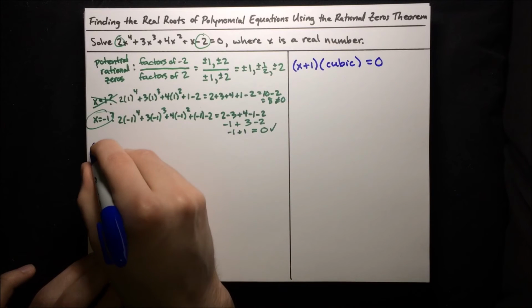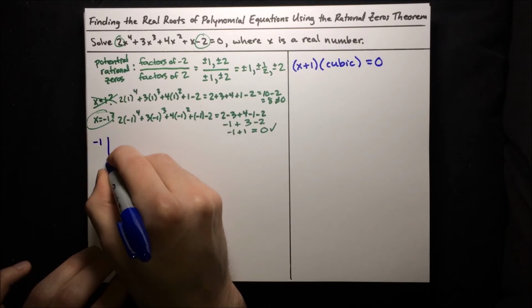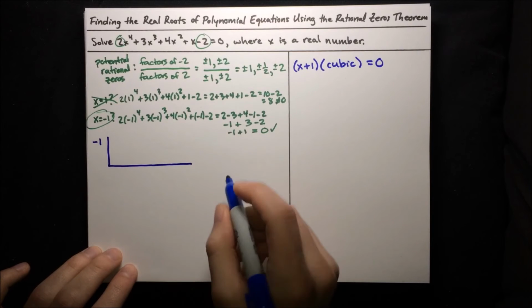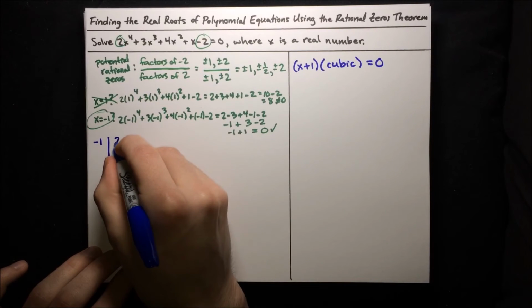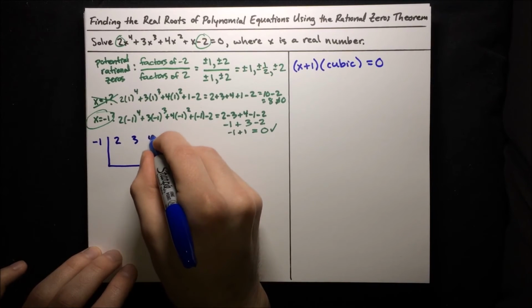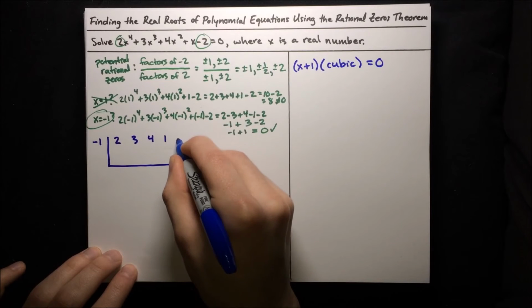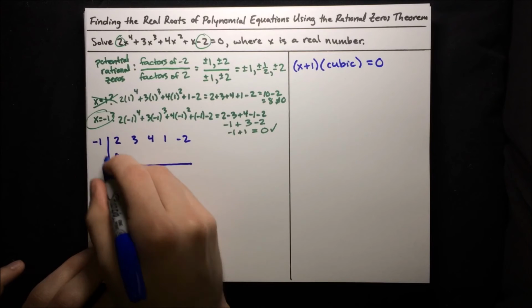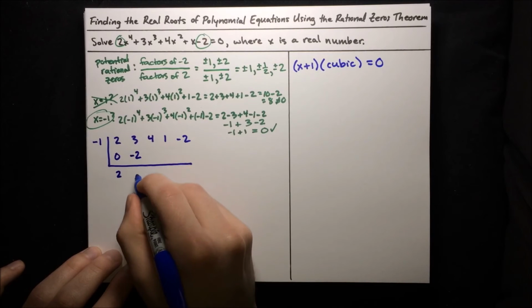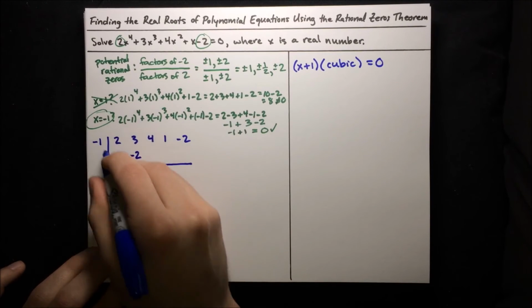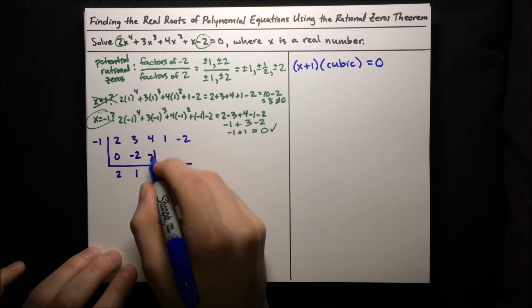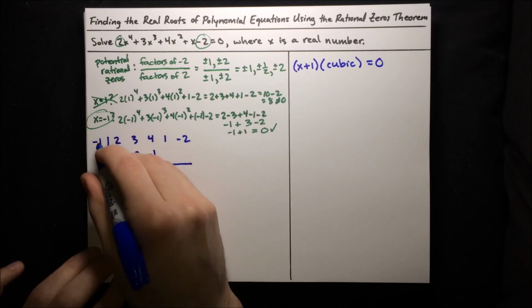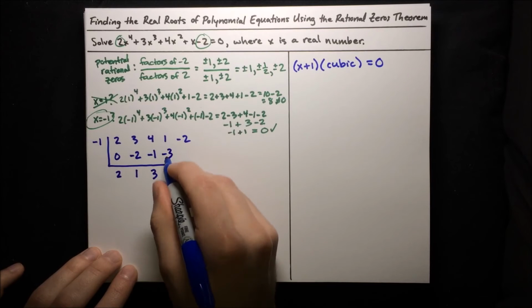So set up synthetic division with the 0, negative 1, and then put in our coefficients here: 2, 3, 4, 1, negative 2. Start off with the 0, add down the column. 2 times negative 1 is negative 2, add down the column is 1, then times negative 1, negative 1, add down the column. 3 times negative 1 is negative 3, add down the column.